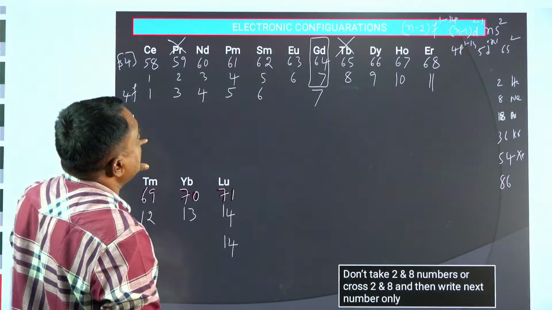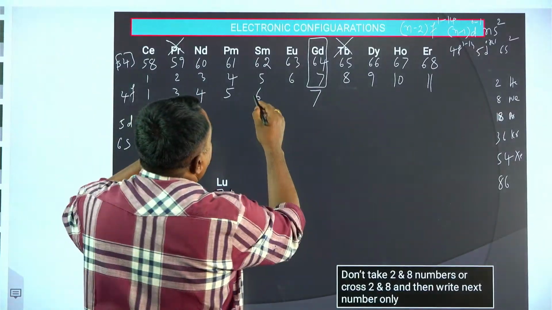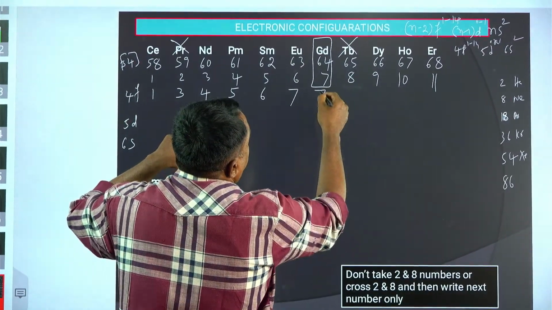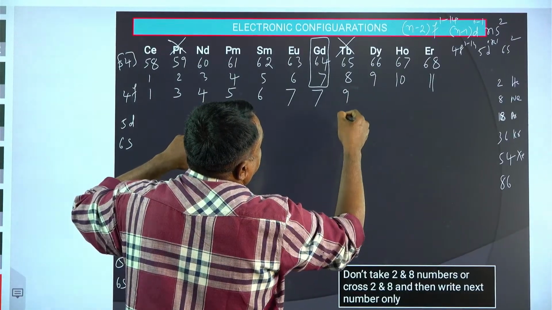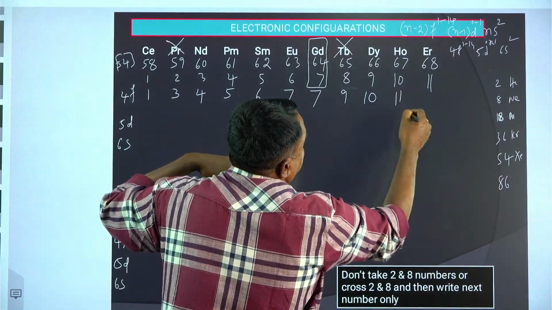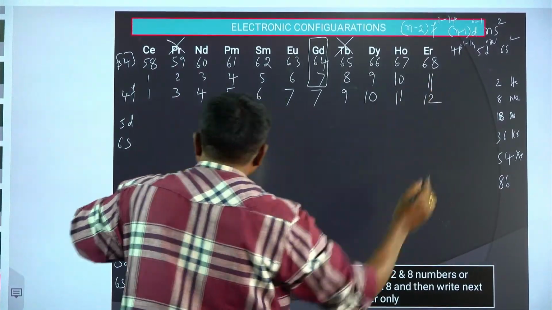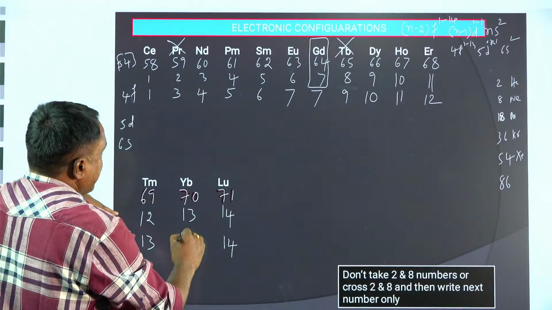So we are going to count these 5d and 6s. This is 7. After 6 we have again 7, and this is 7, but 8 is blocked. Therefore the next number is 9. Then this is 10, 11, 12, 13, and this is again 14.